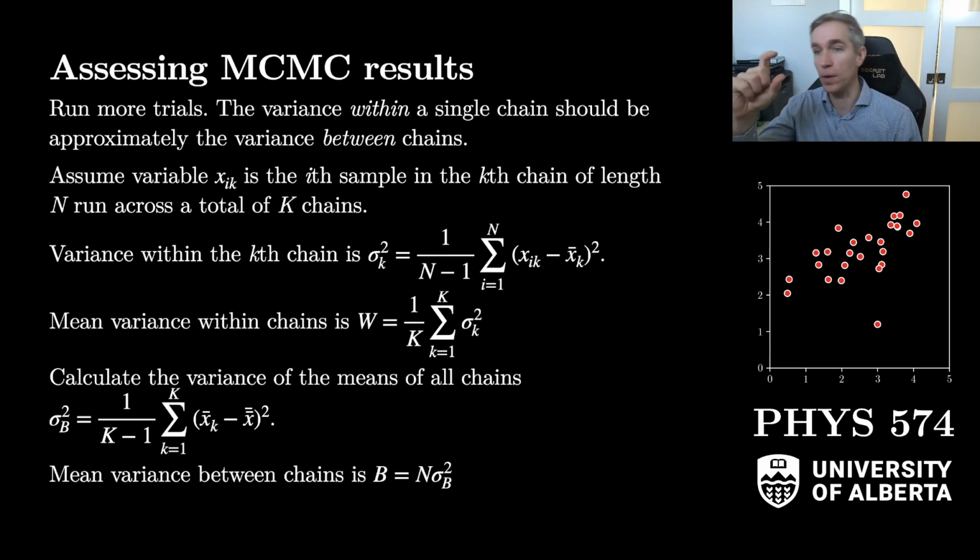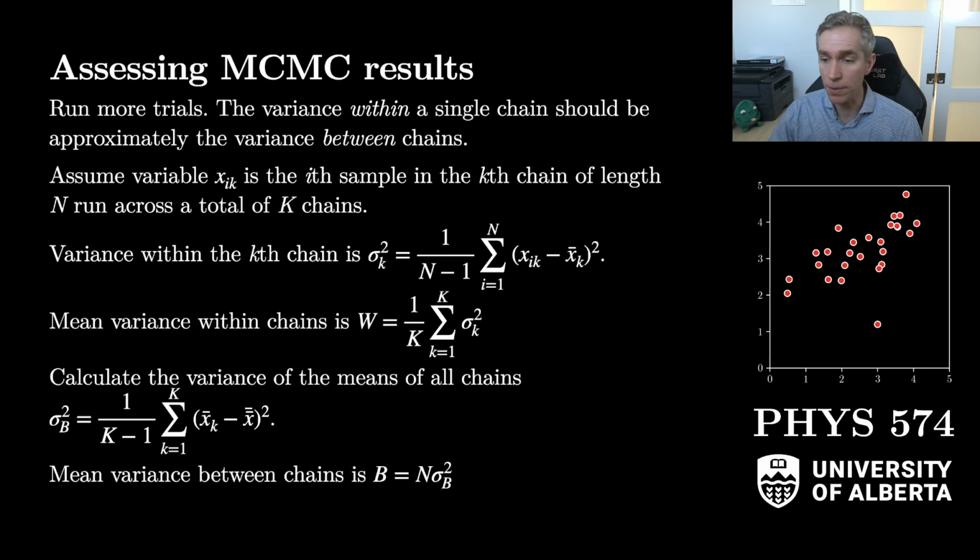And we want the full between-chain variance here, which is comparing these different means. So we scale it up by the number of data, and that gives me a factor of B. So these should be of order the same. If things are well behaved, W and B should be about the same value.